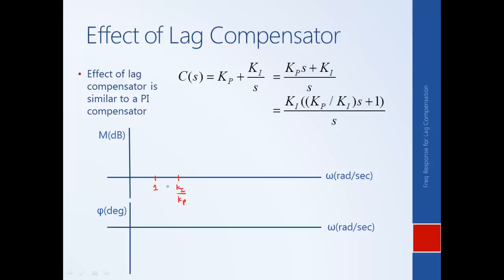So if it occurs above 1 radian per second, the magnitude at 1 radian per second will just be the magnitude of the gain. The 0 initially has a magnitude of 0 dBs. The integrator at 1 radian per second has a magnitude of 0 dBs. And so the total magnitude will just be due to the gain, so it'll equal 20 log Ki.